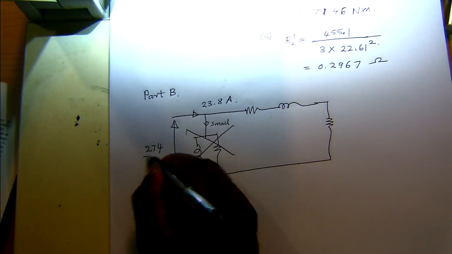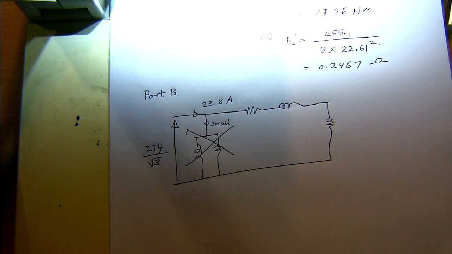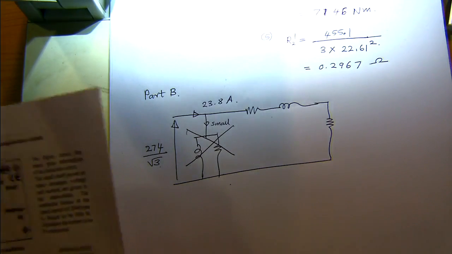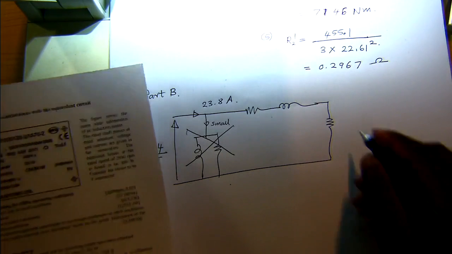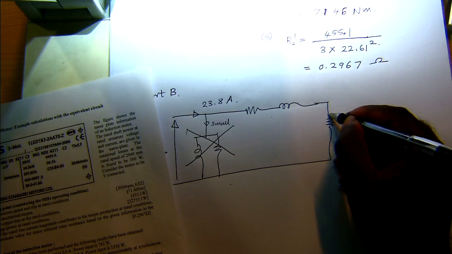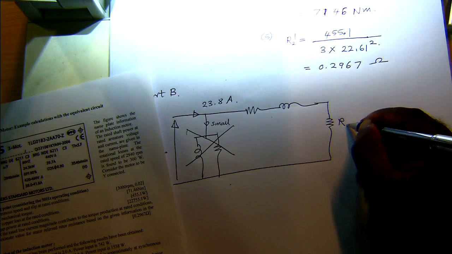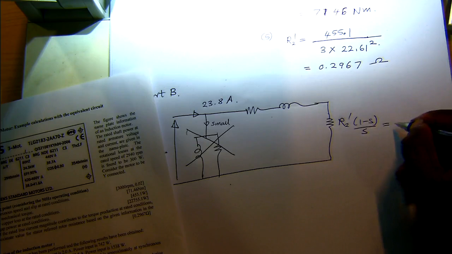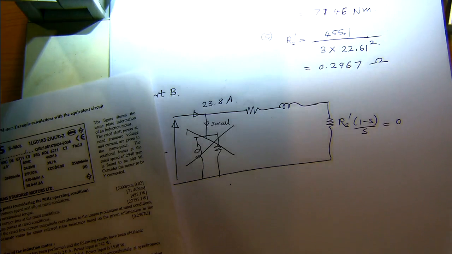So this is actually this divided by √3. This is a per phase equivalent. So under lock rotor conditions, the slip is 1. So this resistance is 0. 0 means it's like a short circuit. It's equivalent to the short circuit test of the transformer. So we don't need this resistance R2 prime (1 minus S) over S, it is going to be 0 since S is 1.